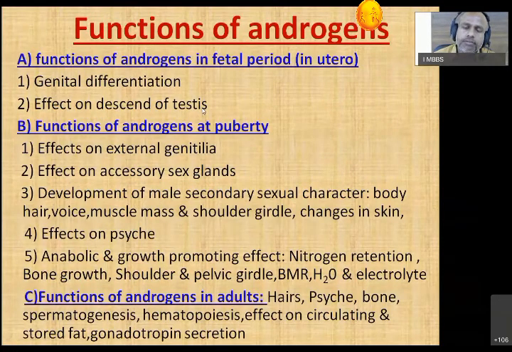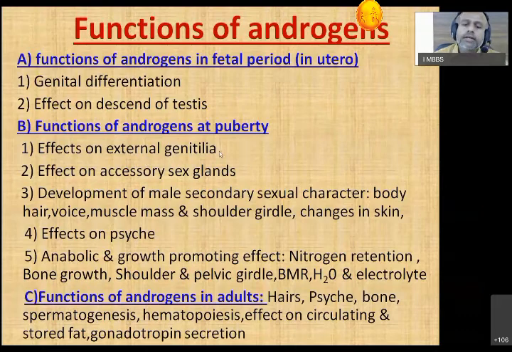Testes are formed in the lumbar region and descend in the 8th month of intrauterine life. The fetus is delivered with descended testes only by the desired concentration of testosterone. At the 8th month, if the concentration of testosterone is not sufficient, they remain undescended.